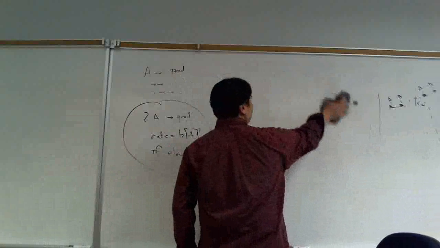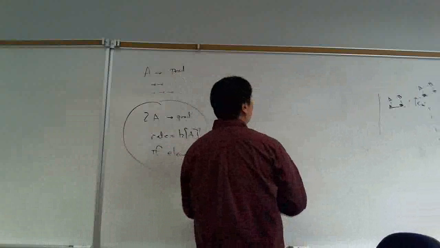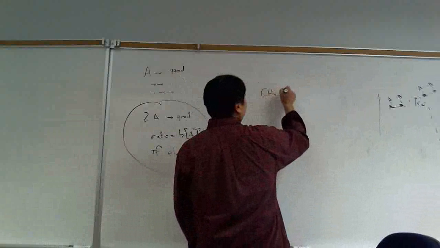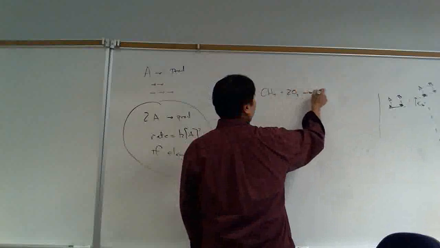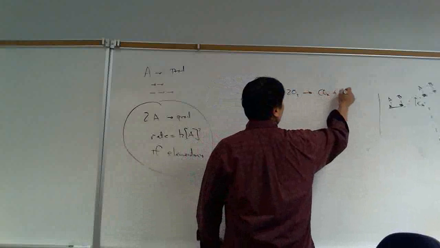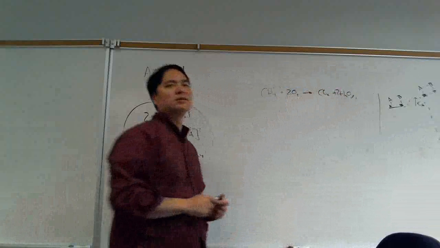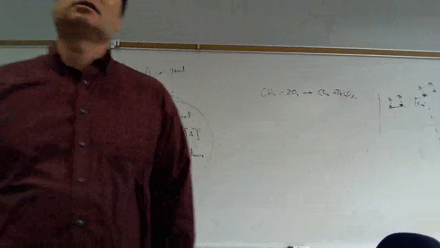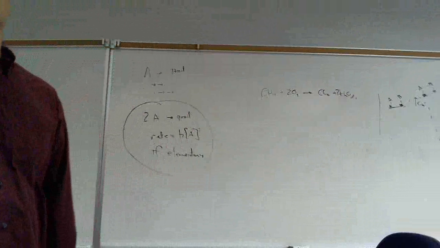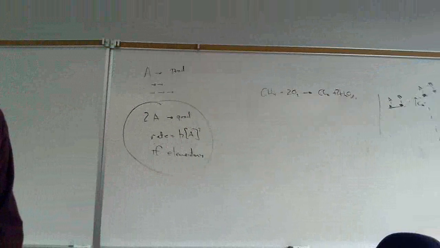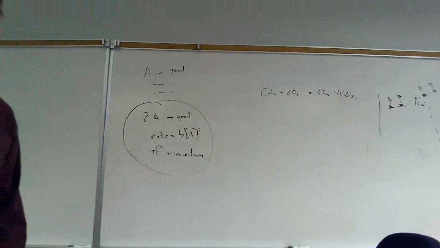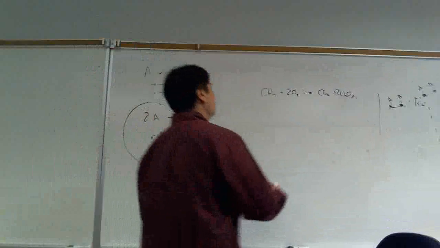And so I did a long discussion about this reaction. Is this a trimolecular or termolecular collision? It looks like it, yeah. So if it's a termolecular collision, then the rate is simple.